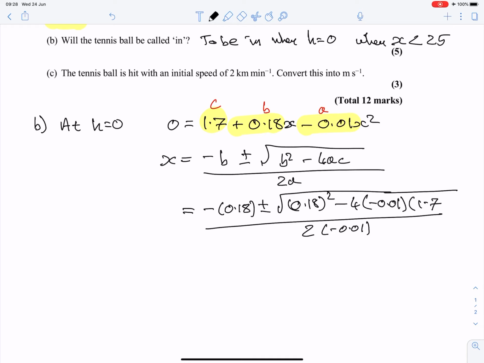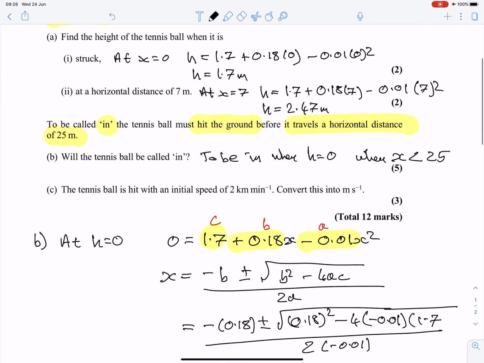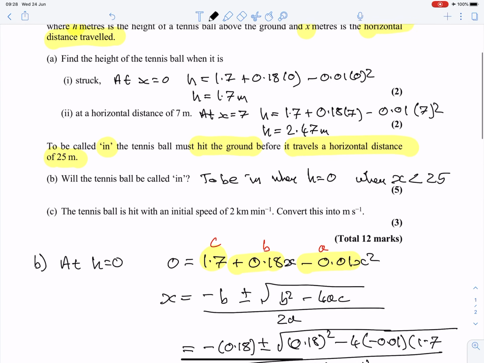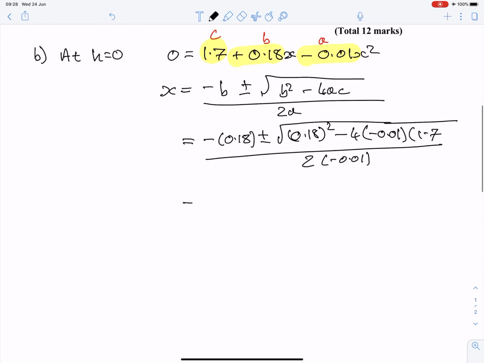On the mark scheme, it says to get one of the method marks, you've got to then show this as negative 0.18 plus or minus the square root of... sorry, this middle bit.